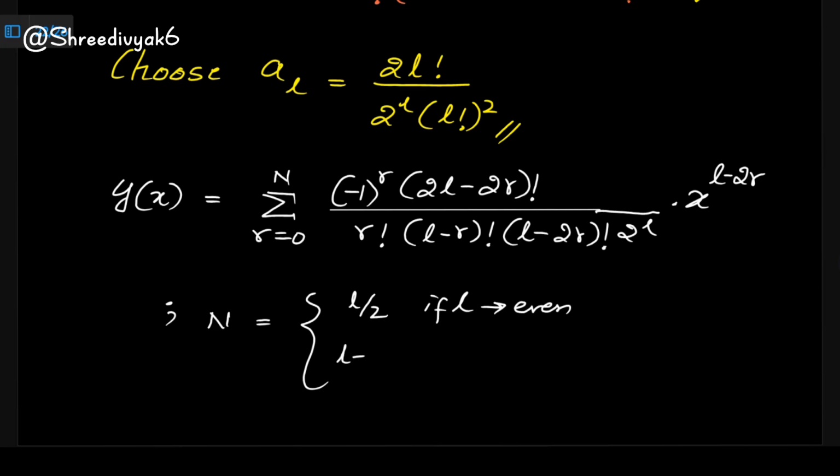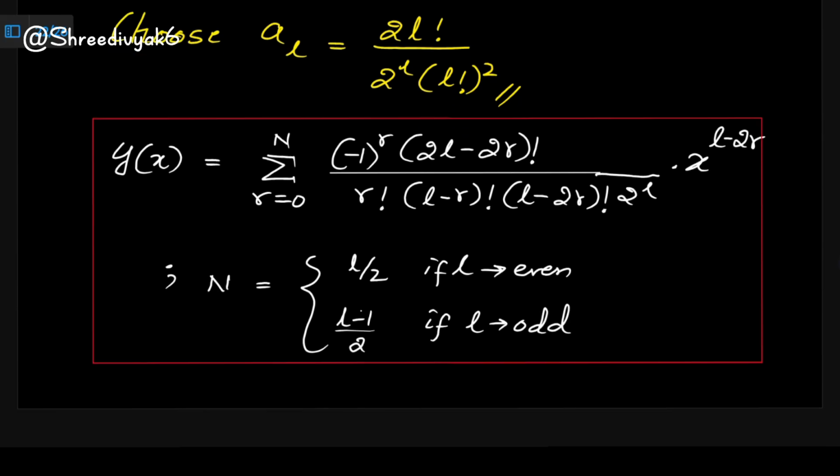And L minus 1 by 2 is the n value if L is becoming the odd value. Now this is y of x.